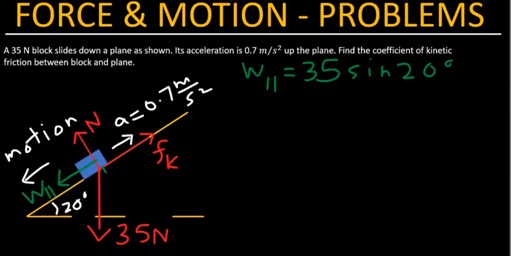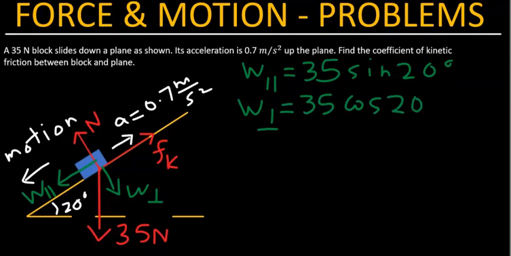Note that the weight also has a component perpendicular to the plane. Let's denote that as W perpendicular, and the value of W perpendicular is given by 35 cosine 20 degrees. Please refer to the videos on inclined planes to determine how we arrive at these results.